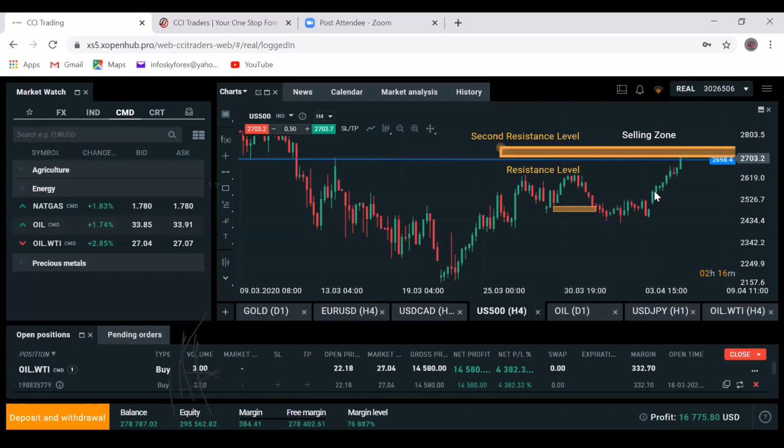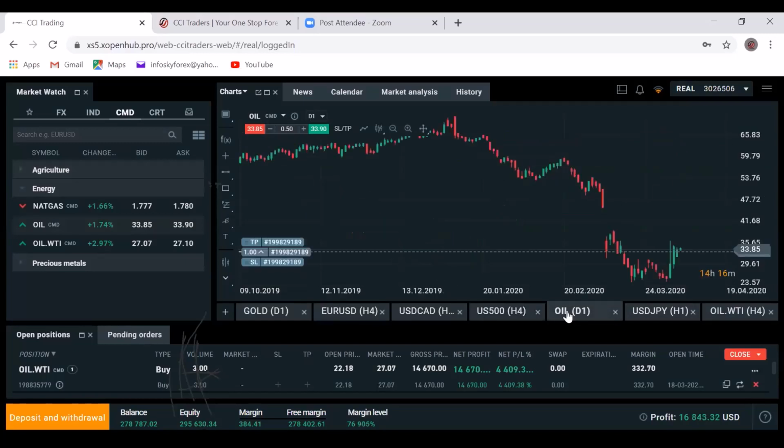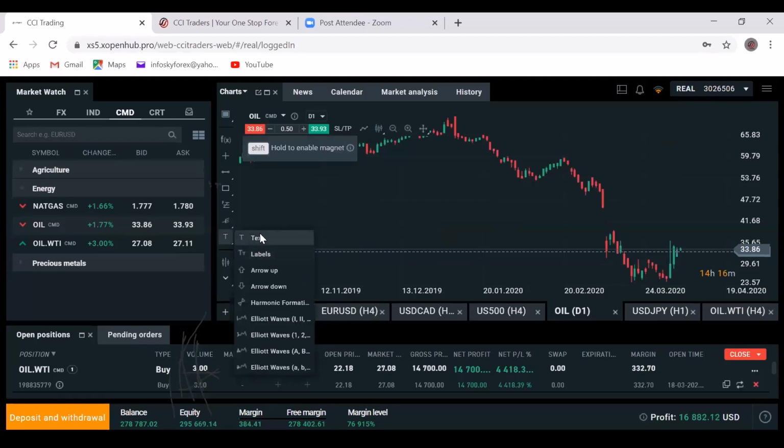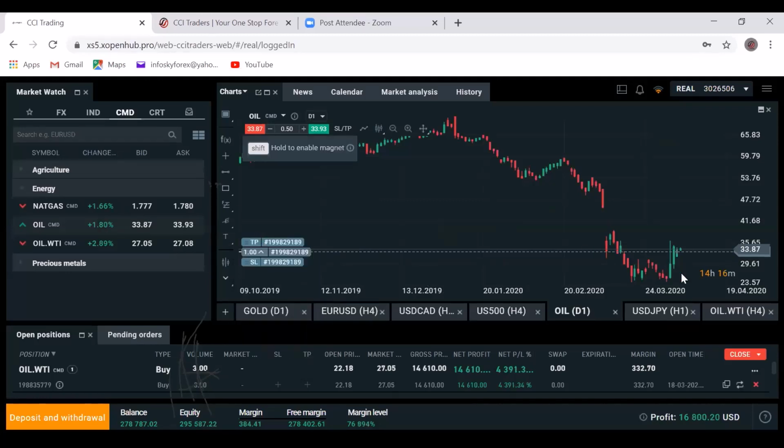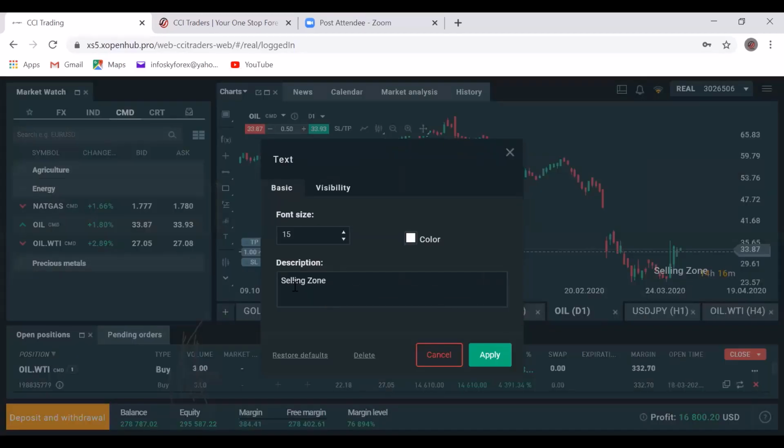So it has entered within the selling zone, and let's check oil. Oil is currently bullish. Here is still a buying zone for oil. Oil traders are still in a buying zone.